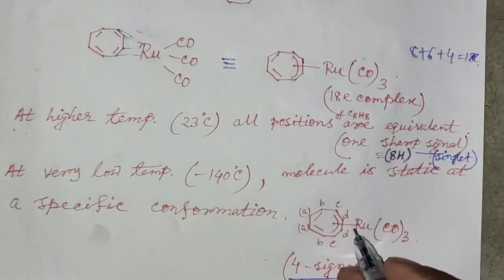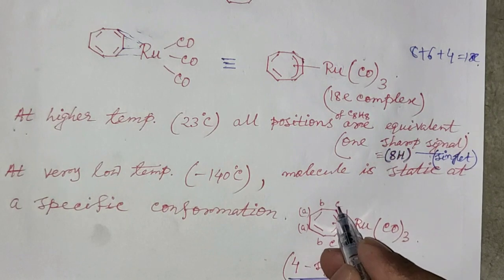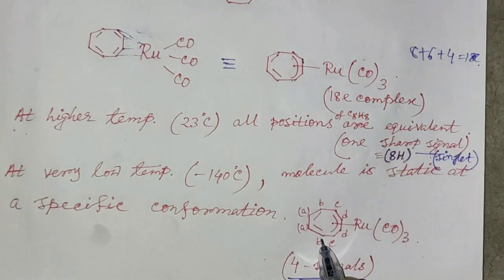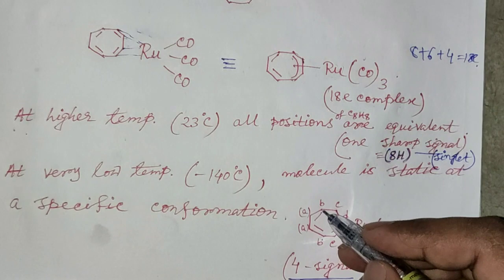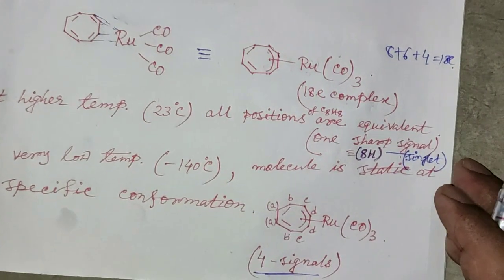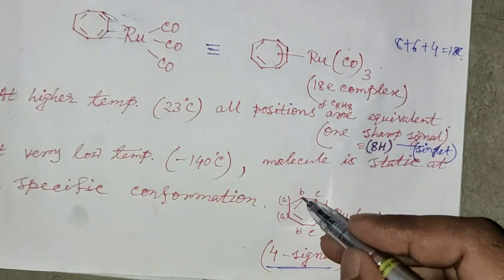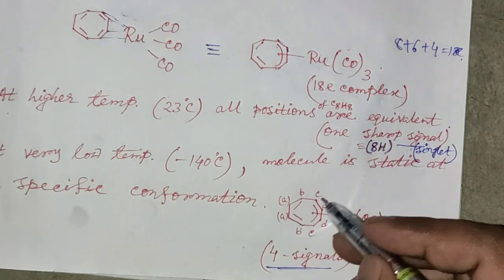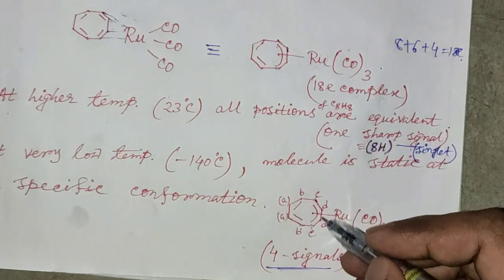If the ruthenium atom combines through these 4 carbon atoms, the other 4 carbon atoms will remain free, and if we imagine, then we will observe that these 2 protons will be equivalent, these 2 are equivalent, these 2 are equivalent, and these 2 are equivalent.